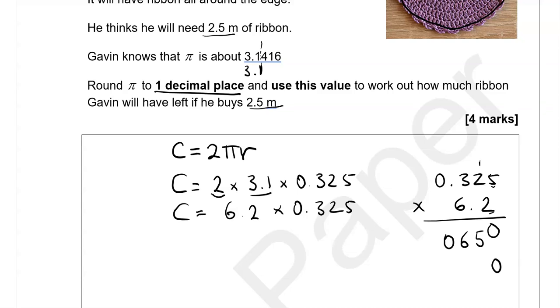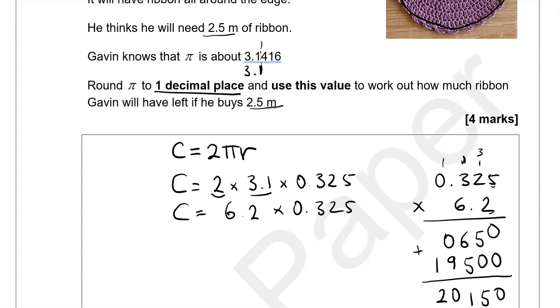Putting a 0 down. 6 times 5 is 30, so 0 down and 3 carried over. 6 times 2 is 12 and the 3 is 15. 6 times 3 is 18 and the 1 is 19. 6 times 0 is 0 and the 1 makes 1. Adding these all together, we get 0, 5, 11, 10, 2.